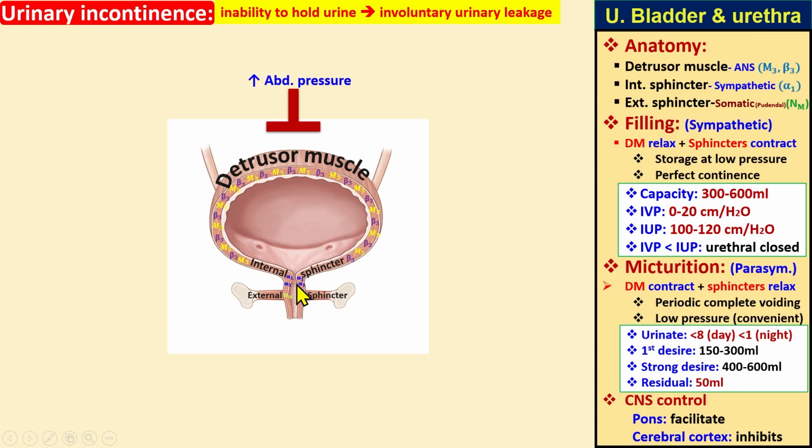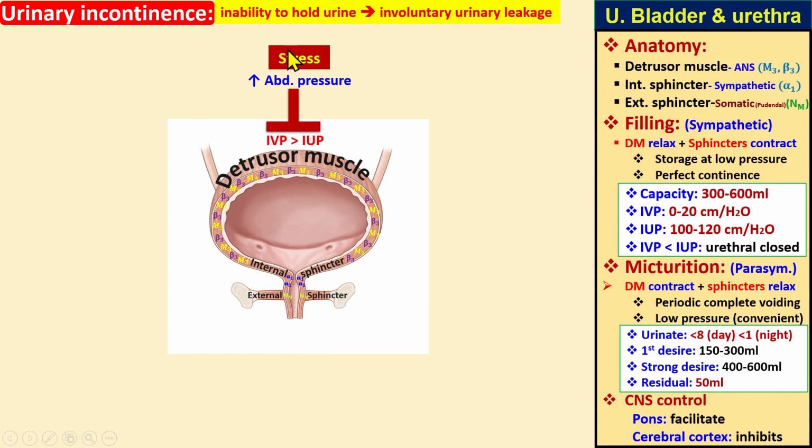The urethra will come out of the pelvic floor, or there would be a prolapse. So the pressure in the urethra decreases, and the pressure in the detrusor muscle is going to increase. Increase in intravesical pressure and decrease in intraurethral pressure cause the leakage of urine.